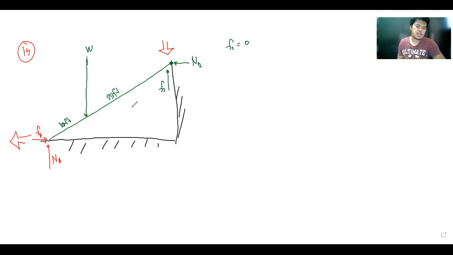We are being asked to calculate the friction force between the ladder and the floor. This is inclined at 53 degrees, as given. So how are we going to solve this one?